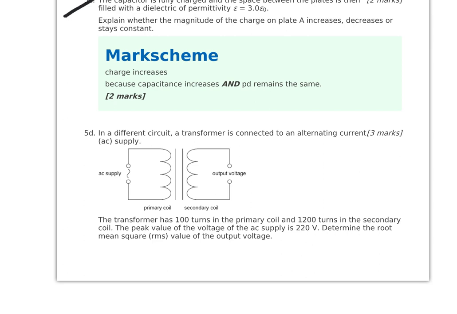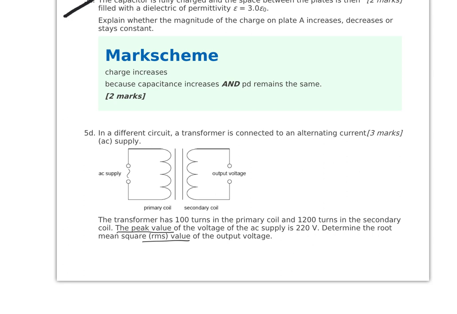All right, but yeah, this transformer, we had this ratio situation going on, so we're looking for the voltage output on the secondary. So that's going to be the ratio of secondary turns to primary turns times the voltage. Also, one thing that's a little tricky right here is that they're giving the peak value of the voltage, and they're looking for the RMS value of the output voltage.